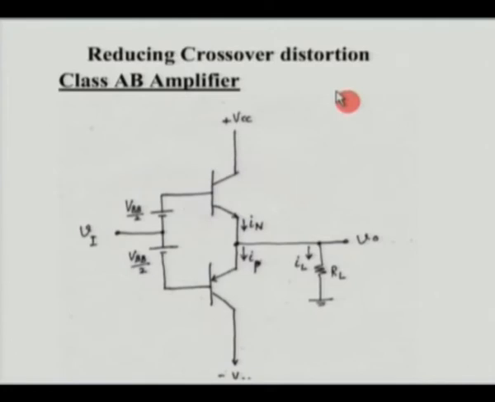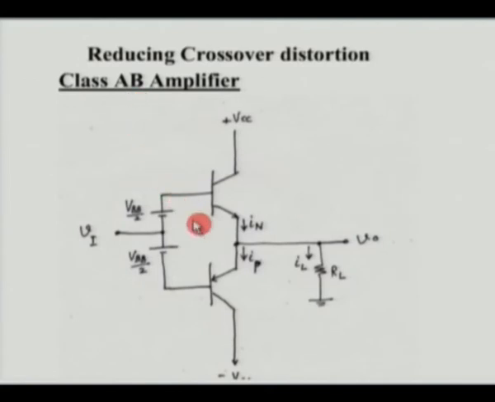Now a class AB amplifier, as the name itself suggests, is a mix of both class A and class B. In a class A, we have conduction throughout the period of the sine wave. In a class B, you had conduction only for a half cycle. So in a class AB, you would have a conduction which is greater than 180 degrees, but less than 360 degrees.